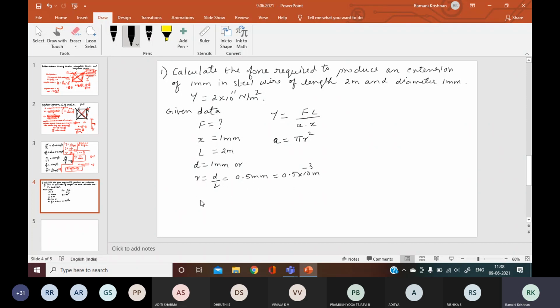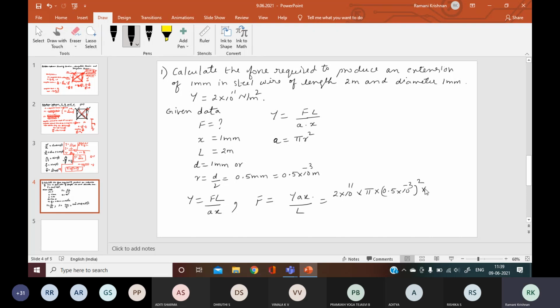Right, now let us substitute. Y is given by F A by A l, but I want force. They're asking force, so force is equal to Y A x by l. Substitute. Which is equal to 2 into 10 power 11 into pi into the whole square of 0.5 into 10 power minus 3, into extension.